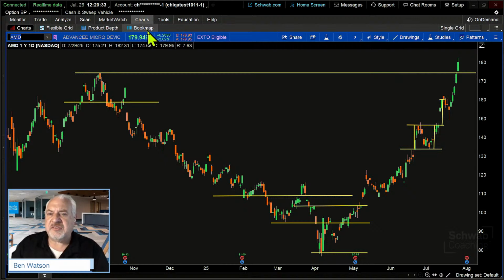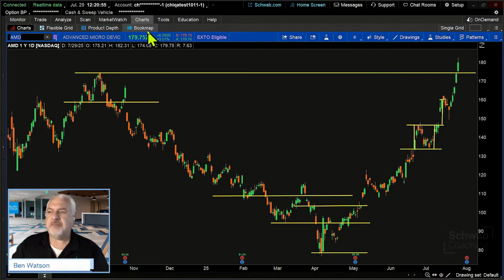It is where price is changing direction on the chart. That's it. Where price is changing direction establishes a direction change, and that then becomes potentially a level of support or resistance.